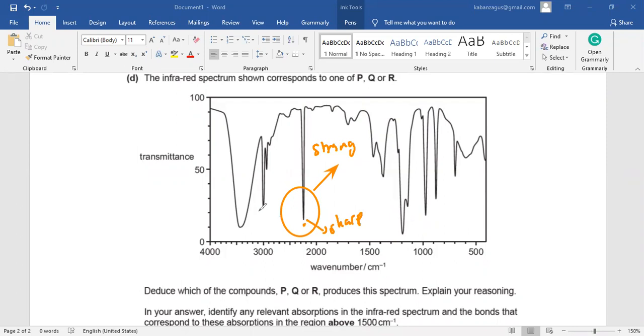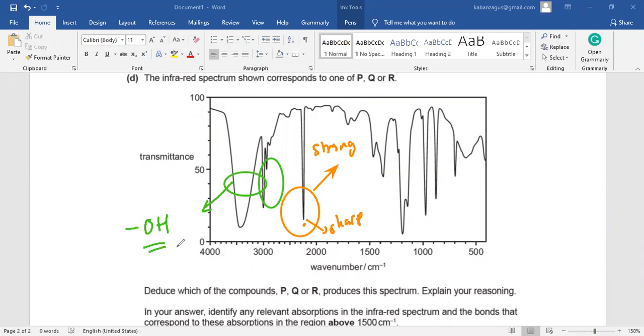And of course, this one, here we also have around 3000, and then this kind of stretch, like you are stretching your body. All right, so this one most likely comes from the absorption of the OH.